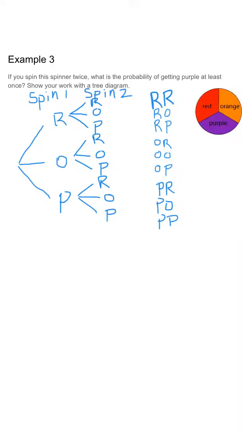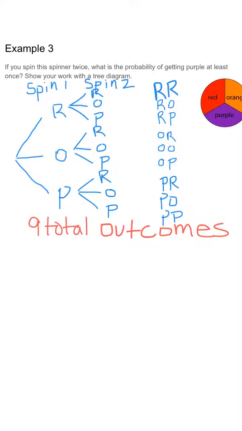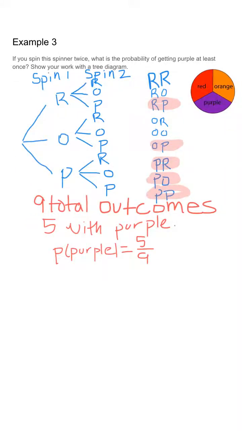And then you have your combinations. So there are 9 total outcomes, and 1, 2, 3, 4, 5 of them have at least one purple. So that means the probability of spinning at least one purple is 5/9.